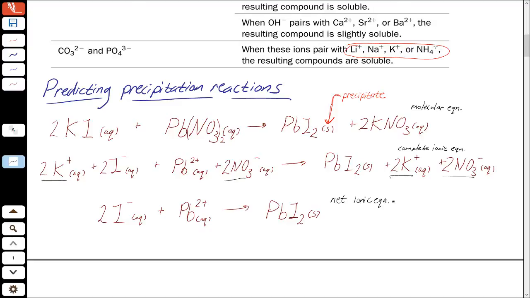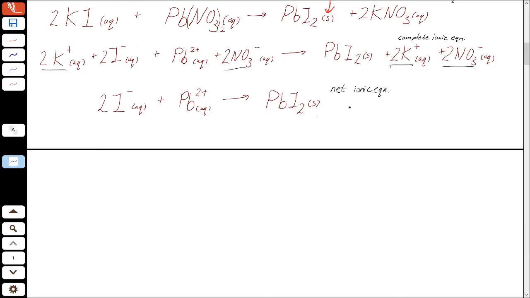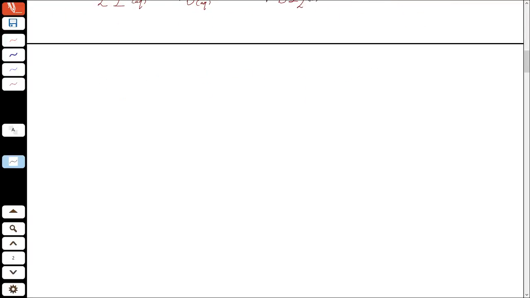All right, so let's practice this. I'm going to give you a couple reactions, and I want you to try to draw the products, try to draw the complete and net ionic equations, and find precipitates if there are precipitates.